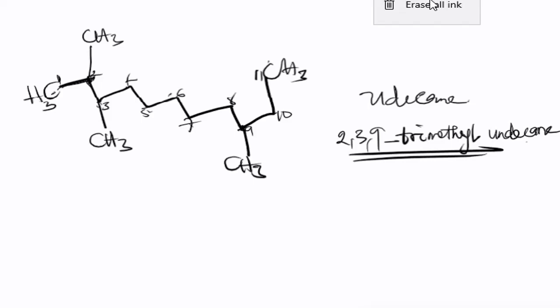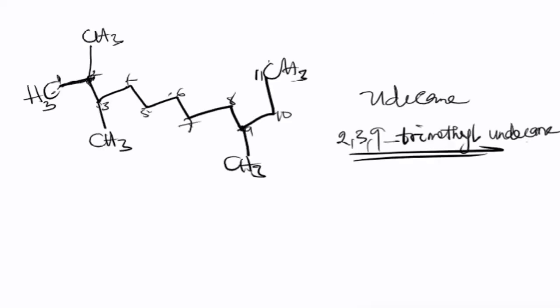The next rule there is names of substituents are arranged alphabetically with a number for each substituent to indicate the point of attachment for molecules with different branches. Names of substituents always come before the name of the parent chain. Like you can see from our example, the substituents are still the same: methyl, methyl, methyl. So we have 2, 3, 9 trimethyl.